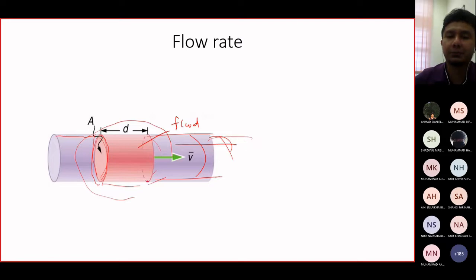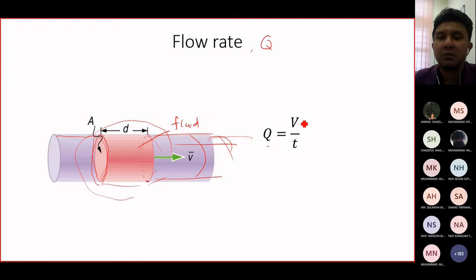So there is a whole body of fluid. Flow rate, which is Q, equals the volume divided by the time taken for it to pass. That's it.